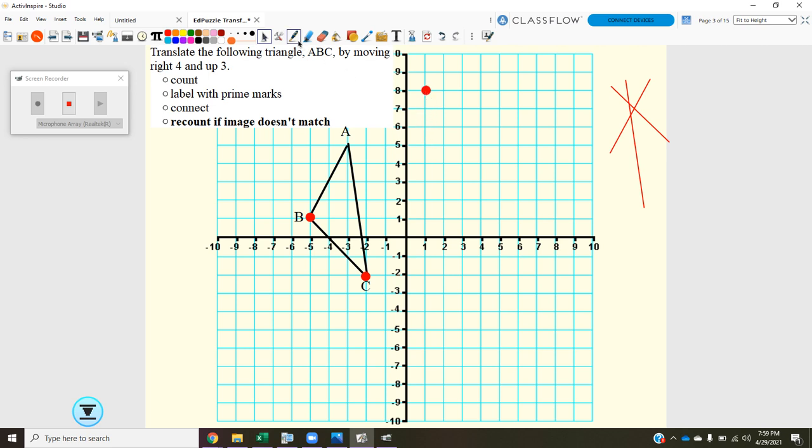When I label it, I will put a capital A next to it, just like the original point. And then I'll put a prime mark to show that's my image, my new A. Then I will do the same thing with B. 1, 2, 3, 4 to the right, and up 1, 2, 3. And we'll call that B prime.